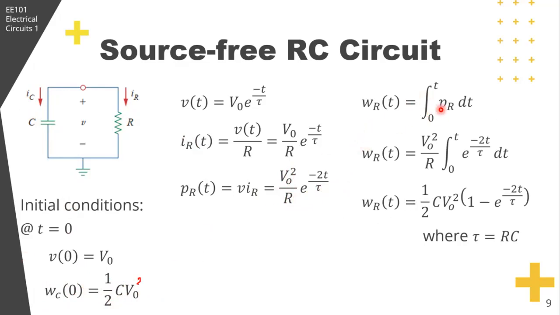Kung integrate na nato ang power, p dt, substitute lang, then we'll arrive at this one. That is 1/2 C V sub 0 squared times 1 minus e to the negative 2t over tau.